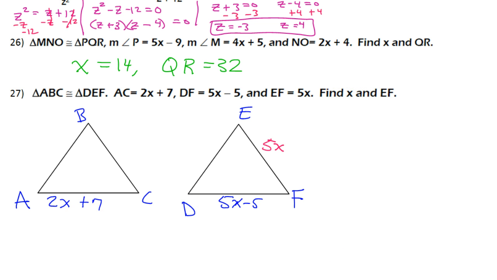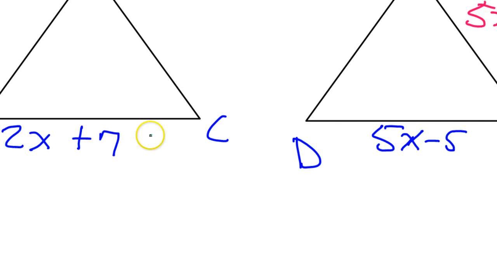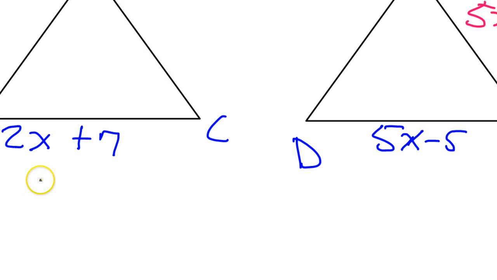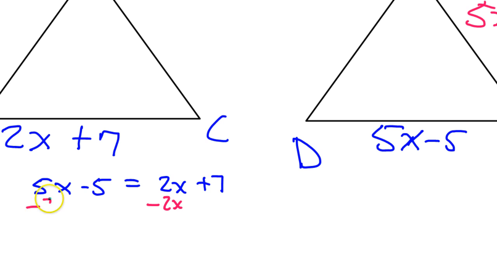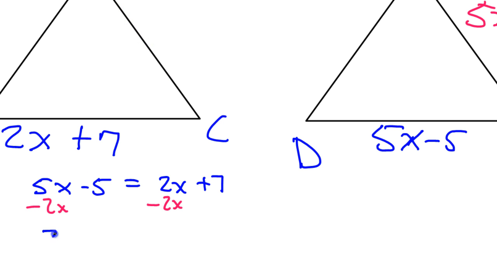Well, similar to last time, these are corresponding parts of the triangle. So, of course, the 5x minus 5 should equal the 2x plus 7. So subtracting 2x from both sides, that's going to give us 3x minus 5 is equal to 7.